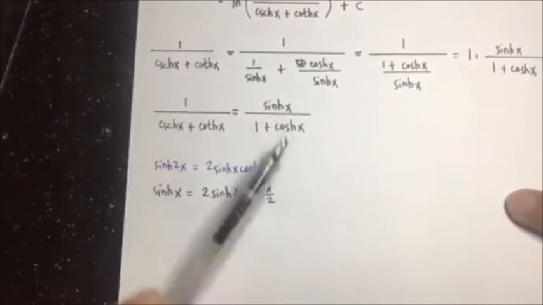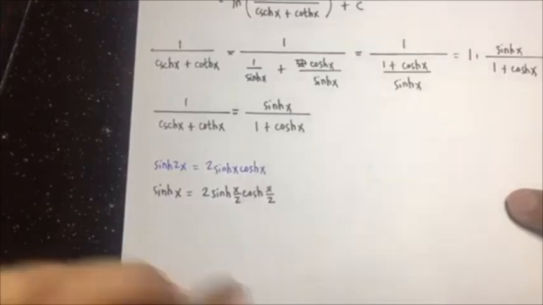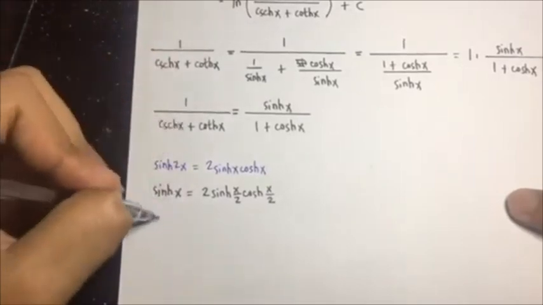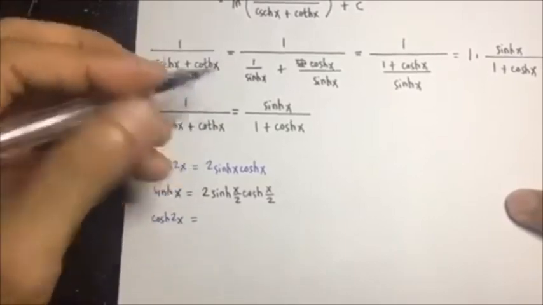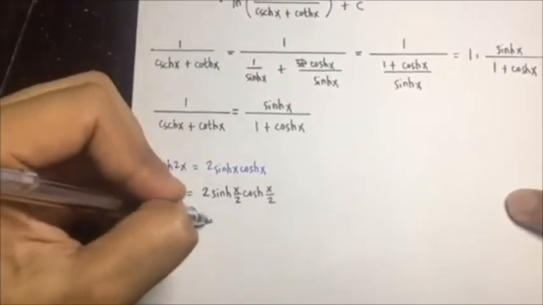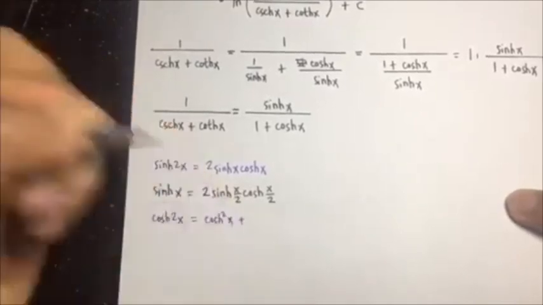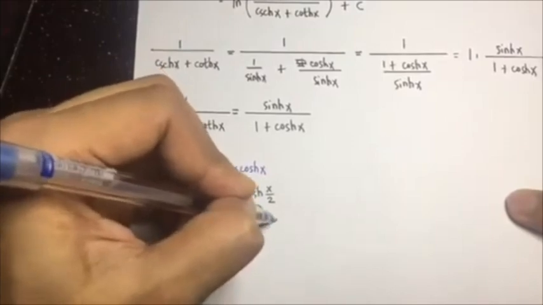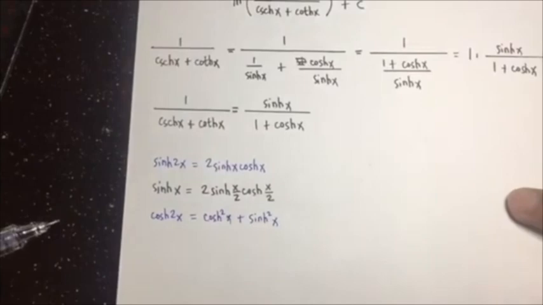So for hyperbolic cosine of x, we also have hyperbolic cosine of 2x is equal to hyperbolic cosine squared of x plus hyperbolic sine squared of x.